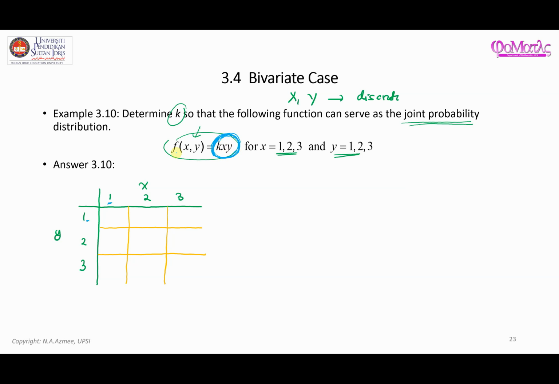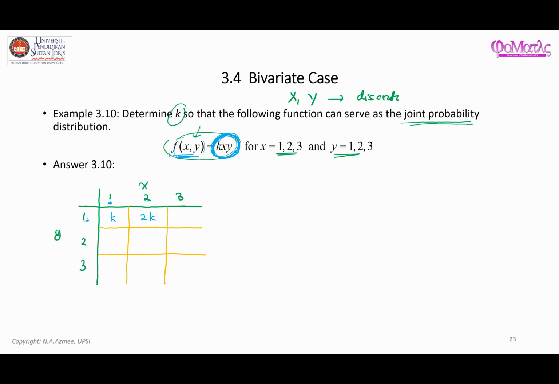So the value here is going to be equal to k. You just substitute the value of 1 for x and the value of 1 for y. And in a similar manner, if you substitute x equals 2 and y equals 1 into this function, then the result is going to be equal to 2k.